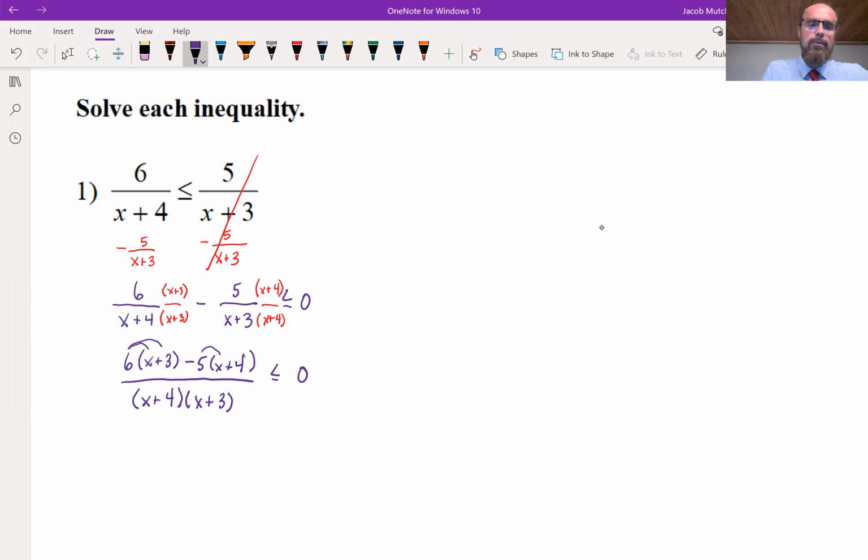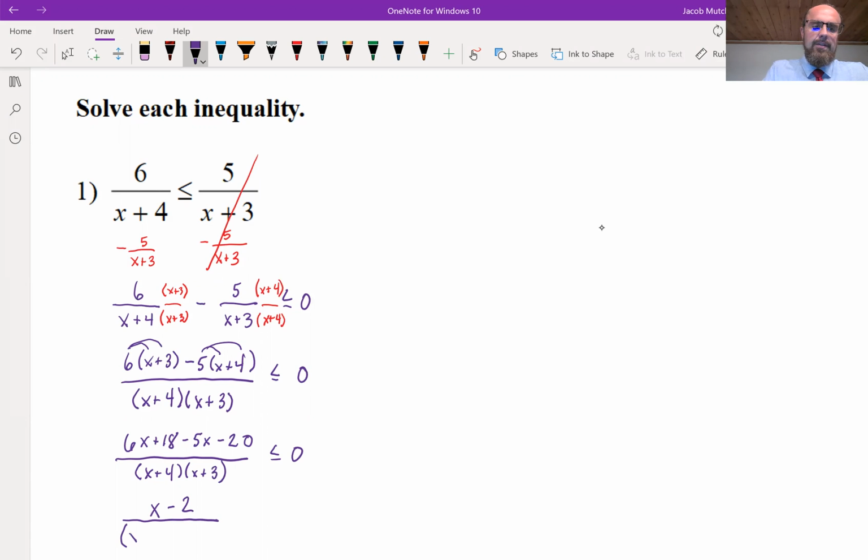So I'm going to distribute the two constant numbers there. So that's going to be 6x plus 6 times 3 is 18 minus 5x minus 20, still all over x plus 4 times x plus 3. And then I'm going to combine like terms. So 6x minus 5x is going to be x, and 18 minus 20 is going to be minus 2.